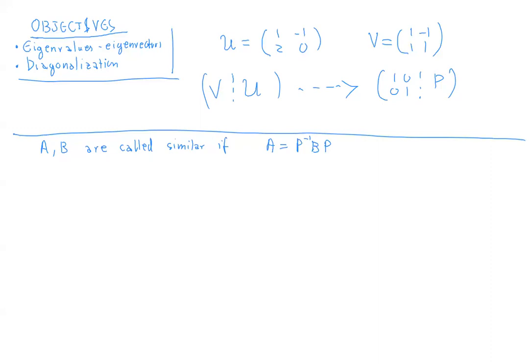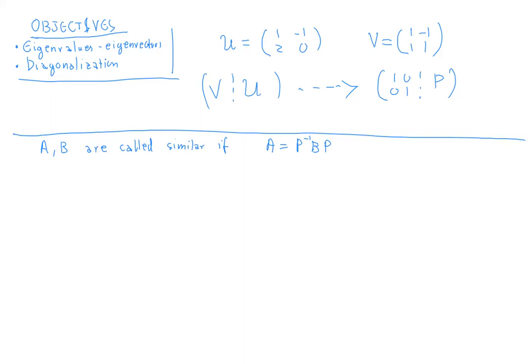And we said that for all intents and purposes, matrices that are similar should be sort of identified. Why? Because they can represent the same linear transformation, the same linear map. So if we work on the basis of linear maps, then two similar matrices are just two different ways to visualize the same object.